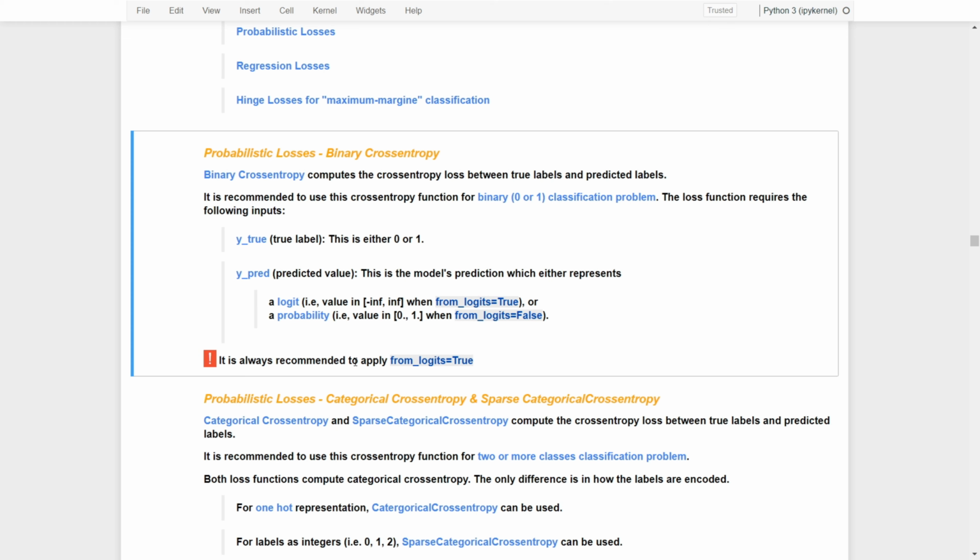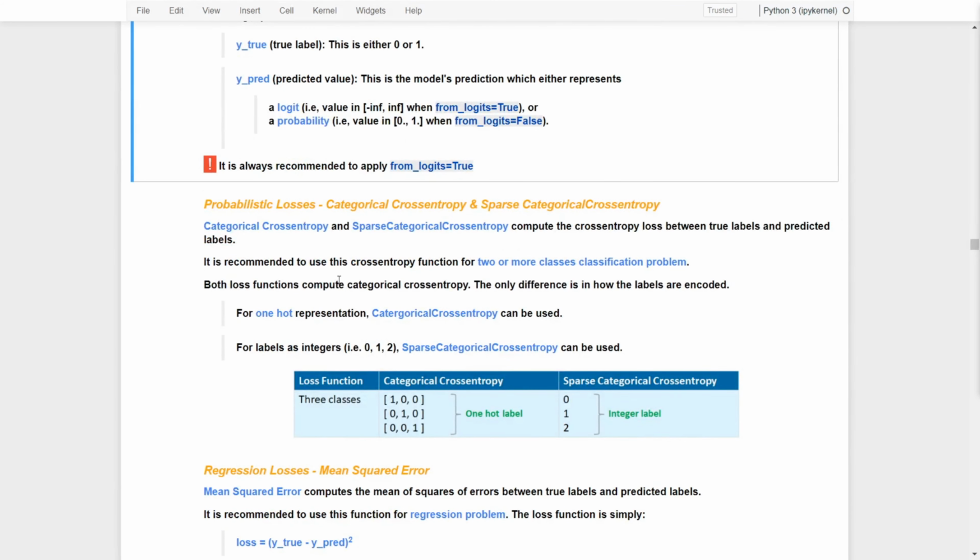It's always recommended to apply from_logits equals true, especially when you do not have an activation function at the output layer. The second probabilistic loss is the categorical cross entropy and also sparse categorical cross entropy.